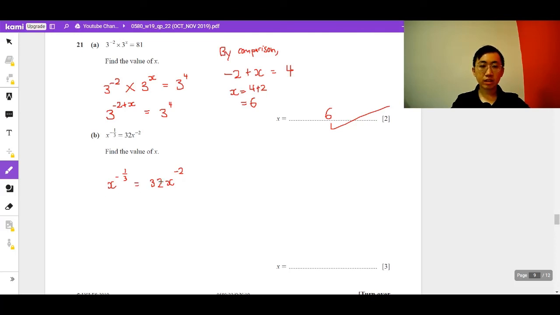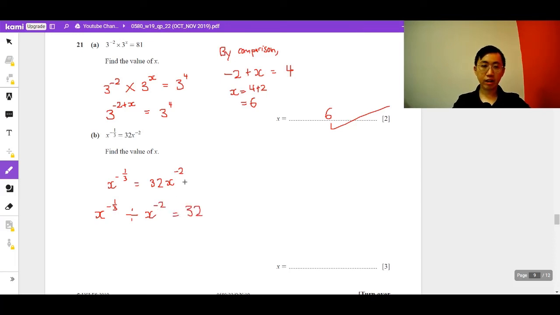Notice that 32 and x are side by side, which means multiply. So when we shift this x power negative 2 towards the left hand side, it will become a divide. This already is on the left, maintain. This one shifts towards the left and becomes a divide. So x power of negative 1 over 3 divided by x power of negative 2 equals 32.